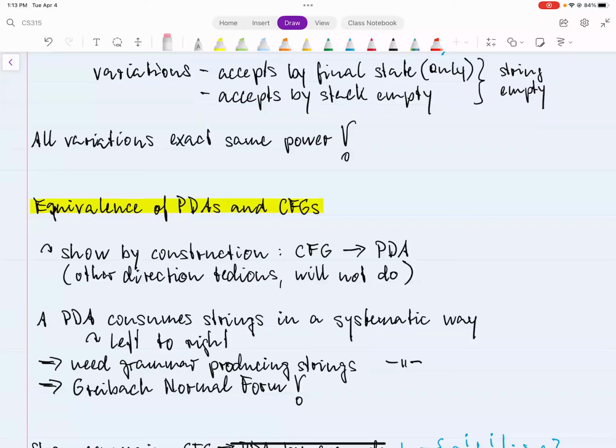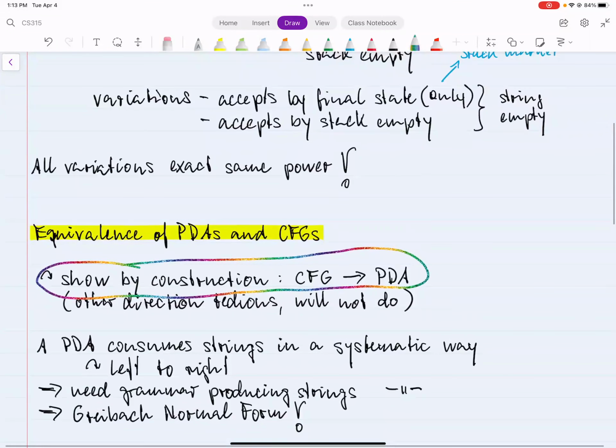So we show by construction that context-free grammars have the same expressive power as PDAs. If we do it by construction, obviously we need to come up with a PDA that has the same power as a context-free grammar. And by construction means that once we have that PDA, we have shown that direction of equivalency.